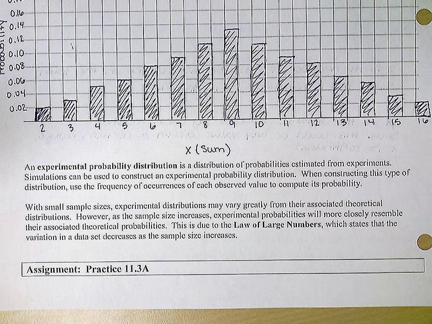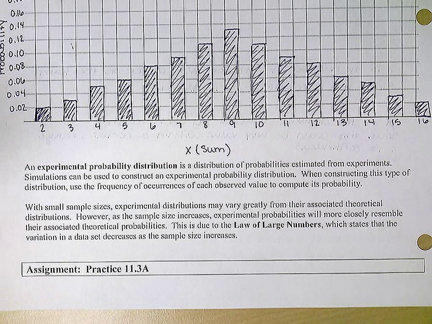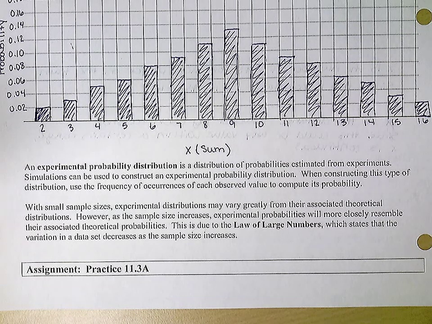With small sample sizes, experimental distributions may vary greatly from their associated theoretical distributions. However, as the sample size increases, experimental probabilities will more closely resemble their associated theoretical probabilities. This is due to the law of large numbers, which states that the variation in a data set decreases as the sample size increases.